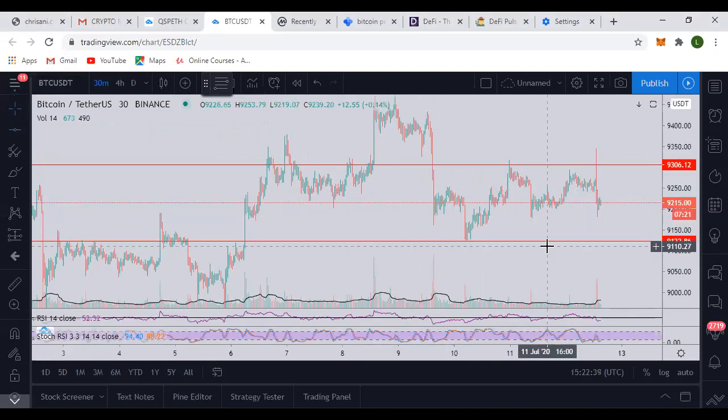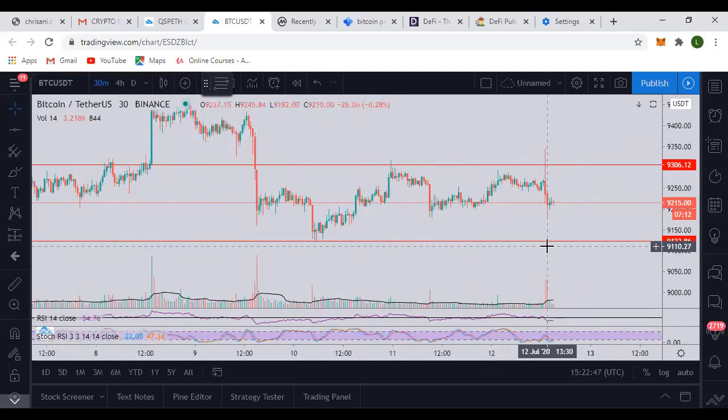Now, support is the floor, a price floor. It is a place where you have many buyers lined up, so that whenever the price gets to that point, it hits it and then goes back up. Support is a price floor that stops the price from going lower than that level.